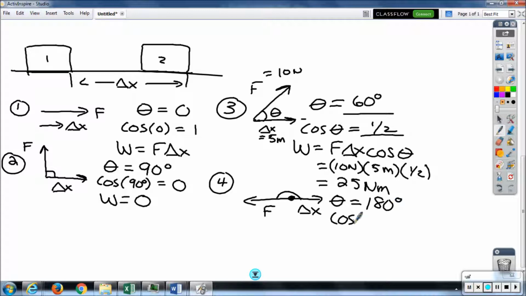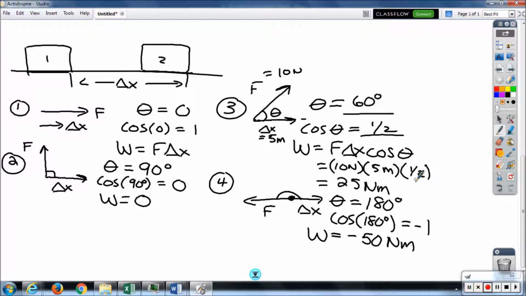The cosine of 180 degrees is -1. So if we use the numbers from the last example, the work done by this force would be -50 Newton meters. It'd be 10 times 5 times -1. You get -50 Newton meters.